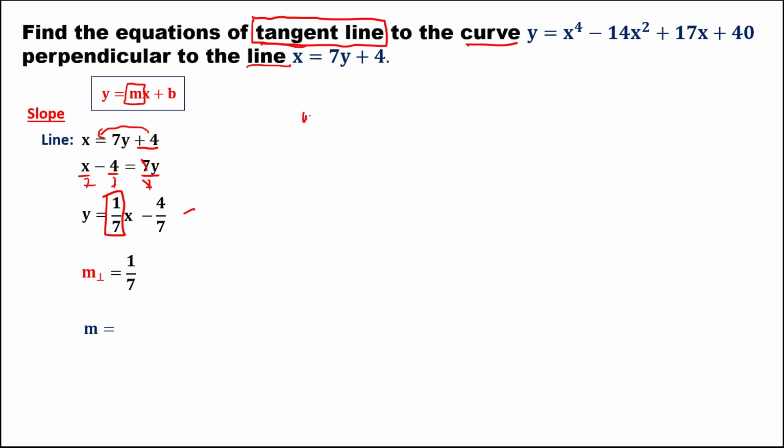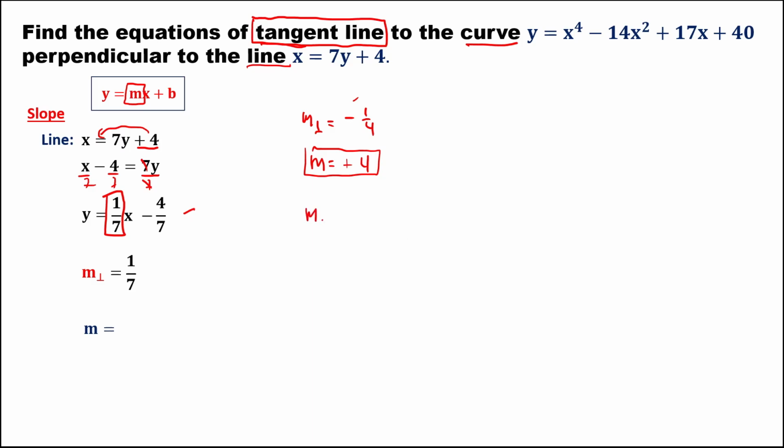So if the slope of the perpendicular line is negative 1 over 4, the slope of the tangent line is the negative inverse. If this one is negative, then this becomes positive, and the inverse of 1 over 4 is 4. So the slope of the tangent line is positive 4.